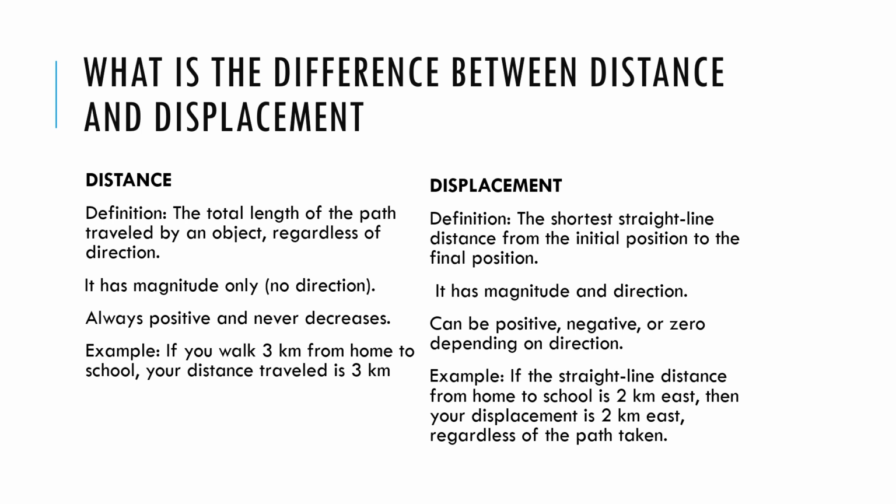Now, what is displacement? Displacement is the shortest straight line distance from the initial position to the final position. For example, if the straight line distance from home to school is 2 kilometers east, then your displacement is 2 kilometers east.